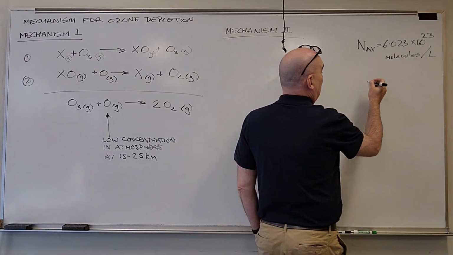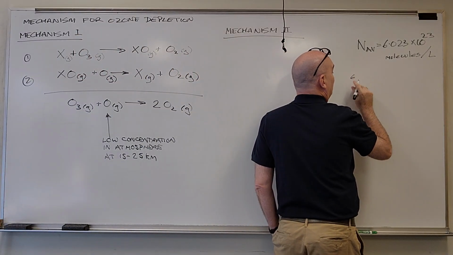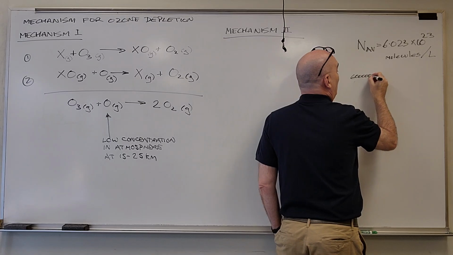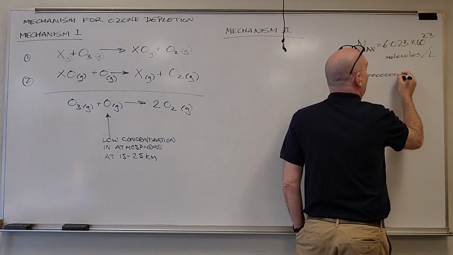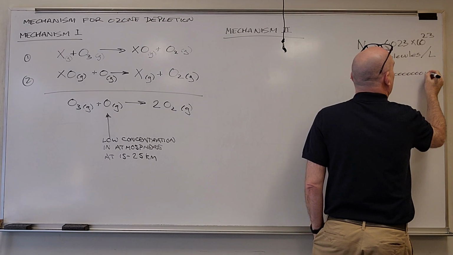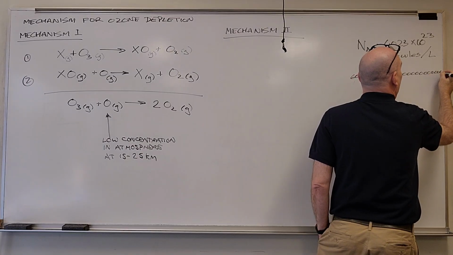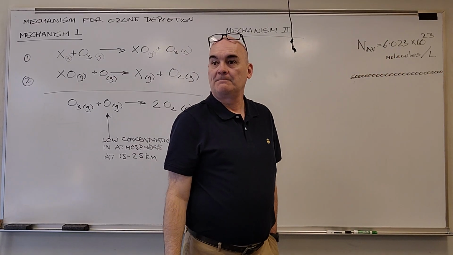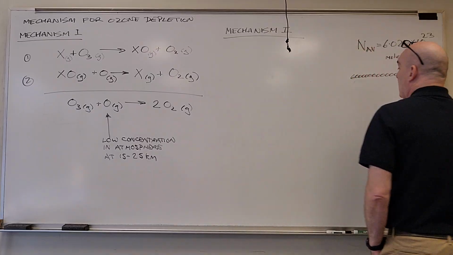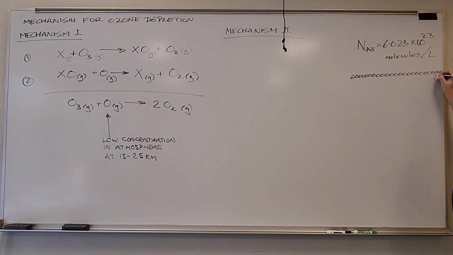That's a 6, and then 23 zeros. So when we have a mindset that thinks that 1,000 is a big number, and that 1,000,000 is a big number, and that 1,000,000,000 is a really large value, we're nowhere near close to figuring out what's concentrated.